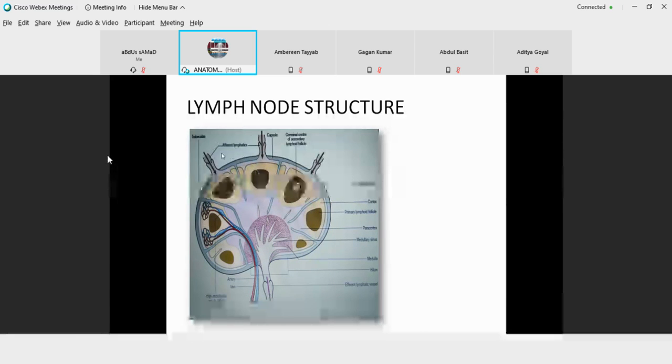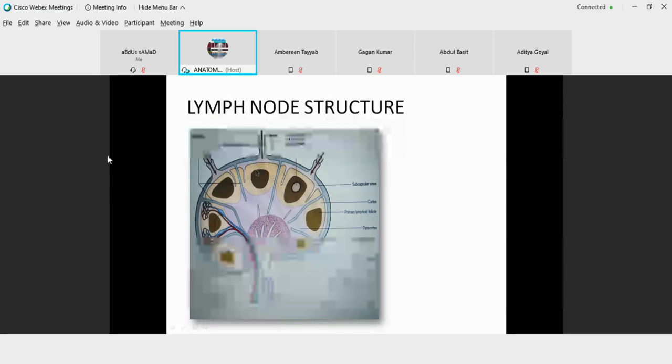But what is the literal meaning of afferent? The literal meaning of afferent is incoming vessels or incoming nerves. If we say afferent nerves, it means incoming nerves. If we say afferent lymphatics, that means incoming, through which the lymph is flowing into the lymph node.